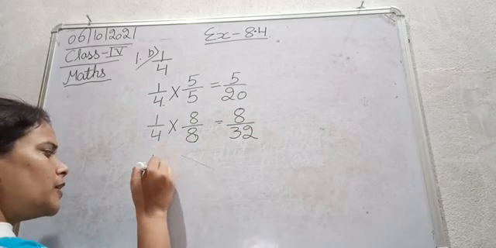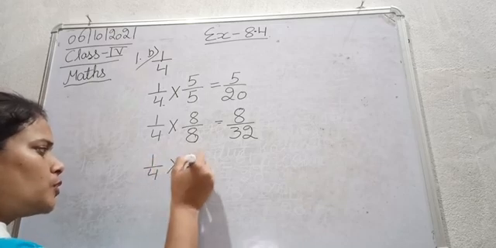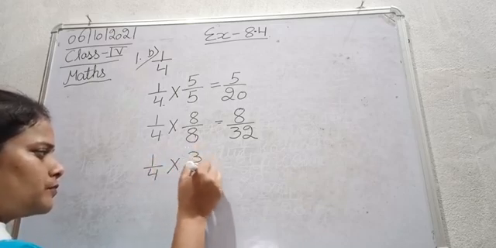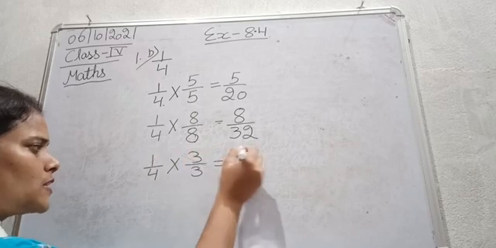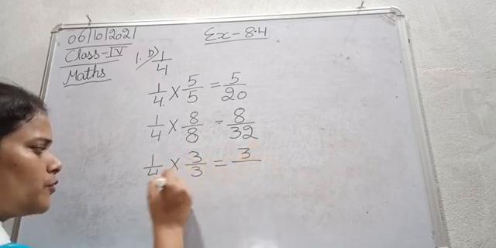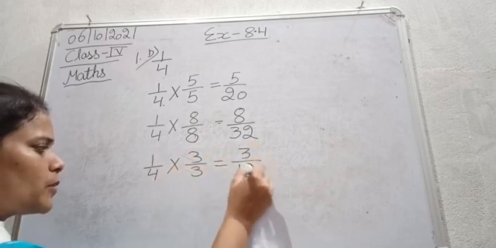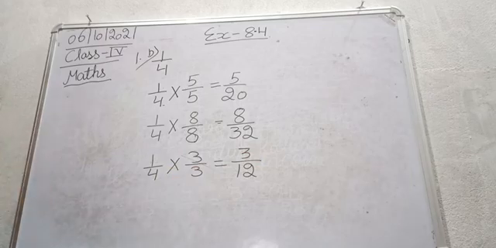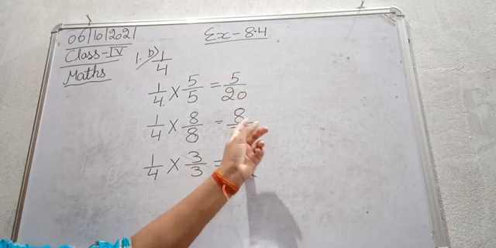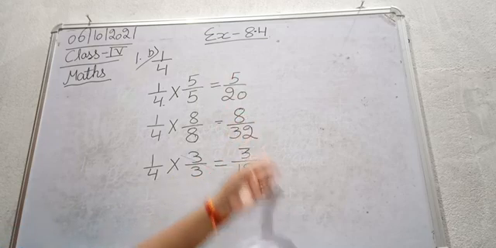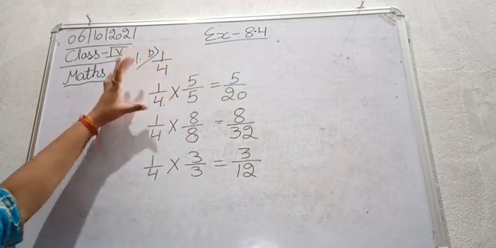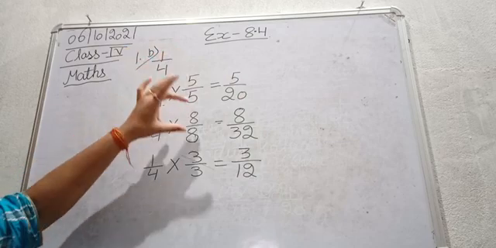Next, again, 1 upon 4 into 3. 1 3s are 3, 4 3s are 12. So the three equivalent fractions equal to 1 upon 4 are 5 upon 20, 8 upon 32 and 3 upon 12. As you can see here, class, now I have multiplied with 5, 8 and 3.